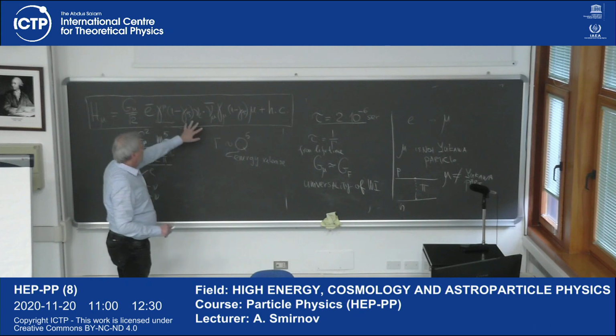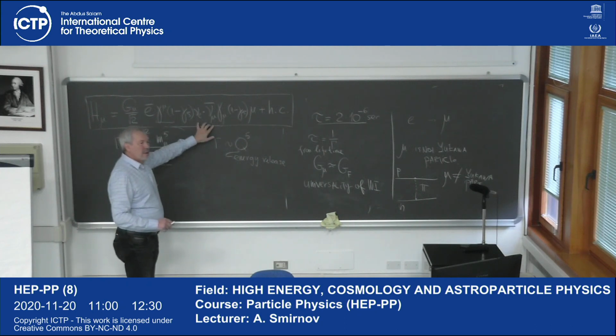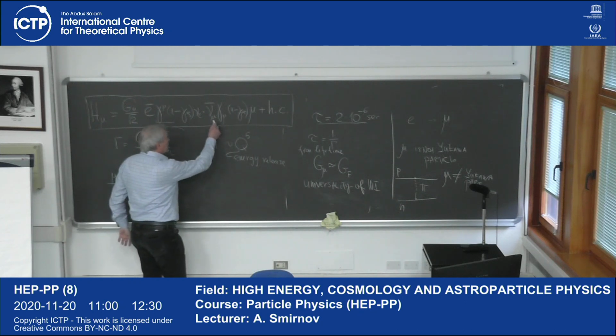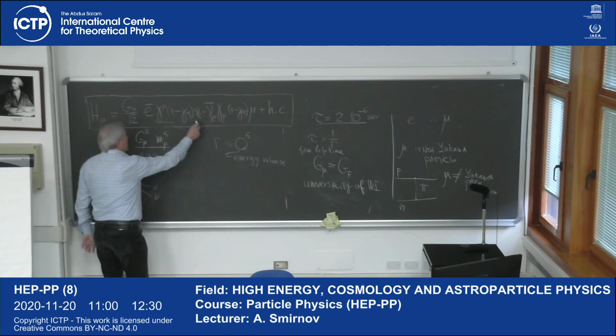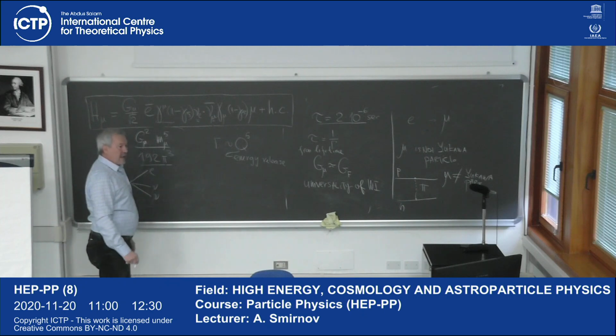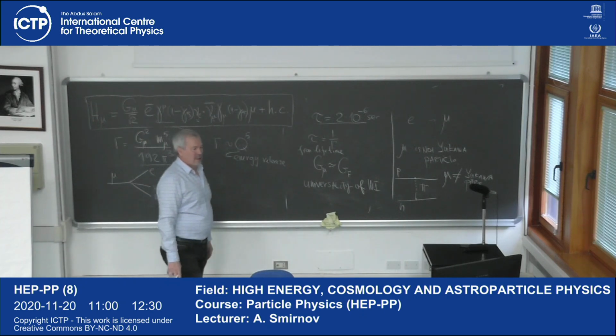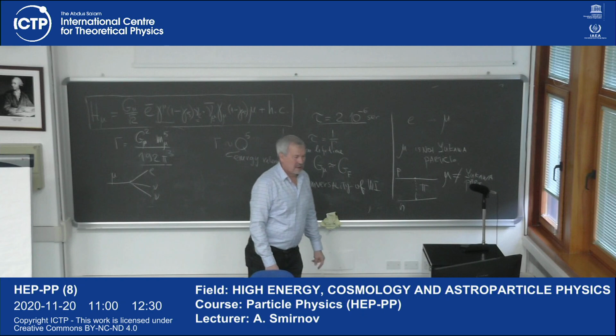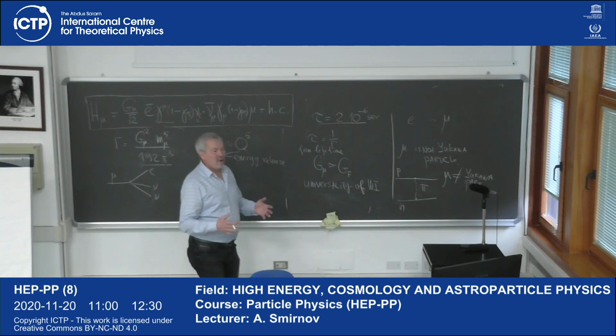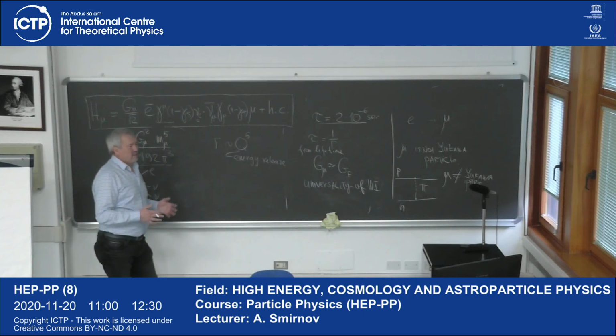So I have written here the Hamiltonian as we know it now. Here I put index mu, and here I put index e, indicating that actually 2 different neutrinos are in these currents. But by the time of discovery of muon, that was not known.